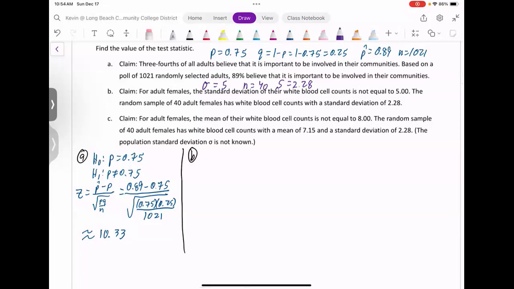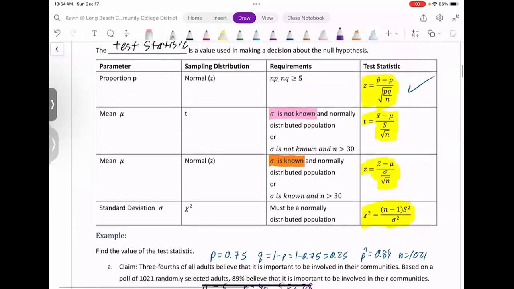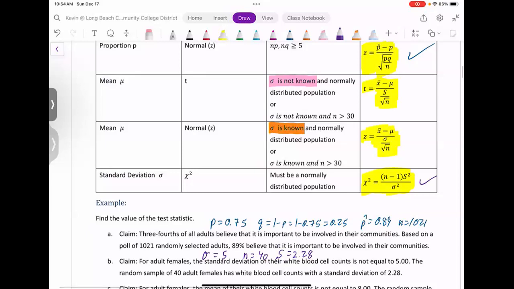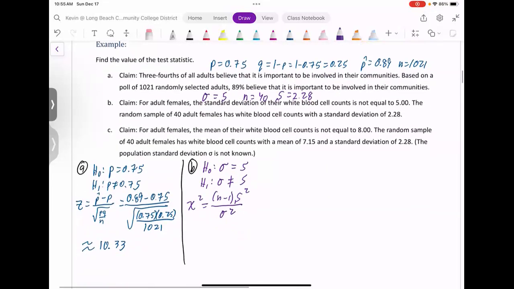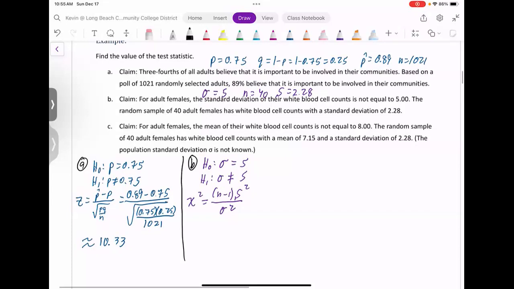So let's start with our null hypothesis. We're going to assume that the standard deviation is 5. However, it may not be 5. And if we look above, the formula is here. And once again, I'm getting that from here. So let's plug it all in. n is 40, so n minus 1 is 39.